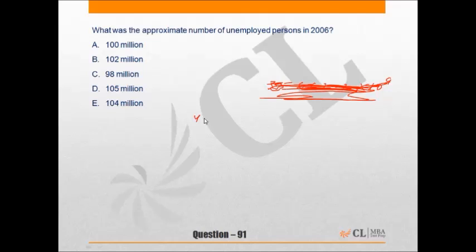Current GDP in 2006 in terms of rupees is 41,159 into 10 raised to power 9, as the given figure is in billion, upon the per capita income which is 36,553.93, and this is approximately 1.125 into 10 raised to power 9.